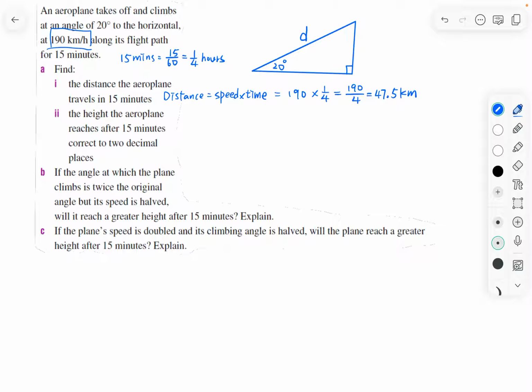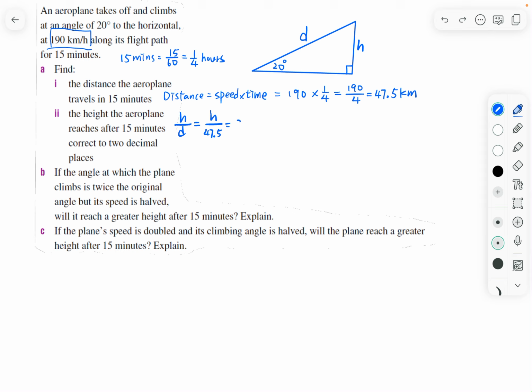So the height of the aeroplane reaches after 15 minutes, correct to 2 decimal places. So we need to find height here. So we know height over D equal to height over 47.5. So equal to sine, cosine, or tangent?